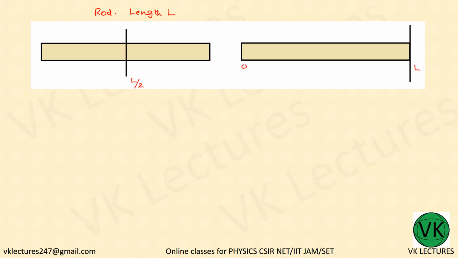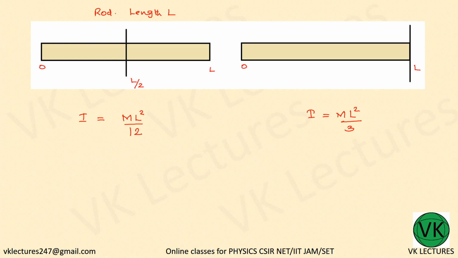So this is 0, this is L. In this way, if you rotate about the center, the moment of inertia I is equal to m L square by 12. So this is the moment of inertia in the first place, and here on the right, the moment of inertia I will be equal to m L square by 3.